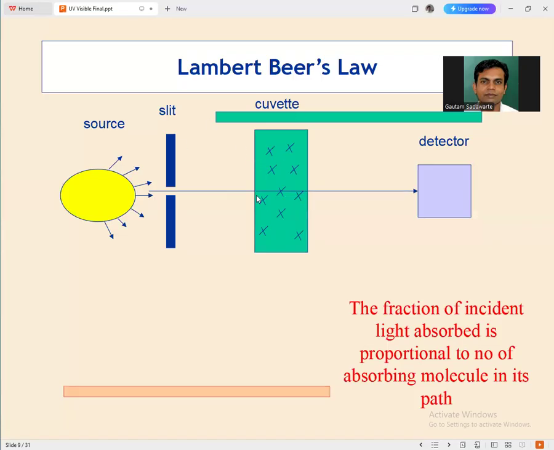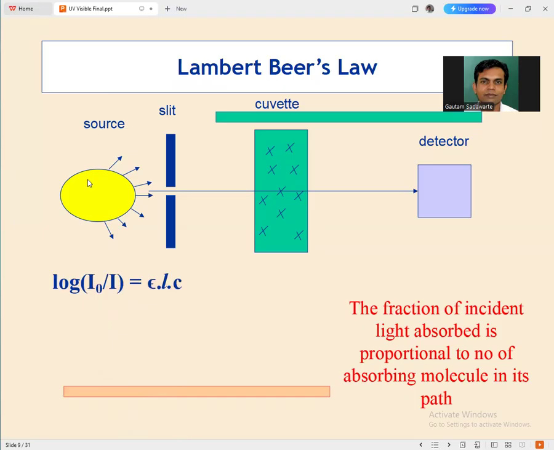So what happens here? Some radiation may be absorbed, some may be transmitted, or some may be reflected. The fraction of incident light absorbed is directly proportional to the number of absorbing molecules in the path.